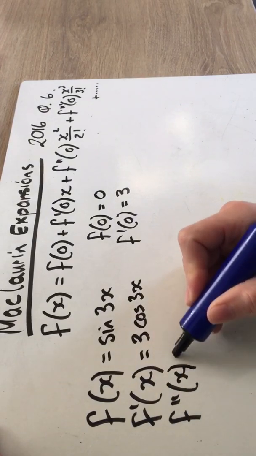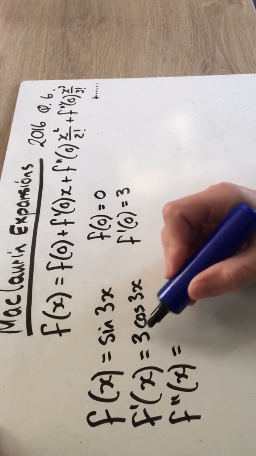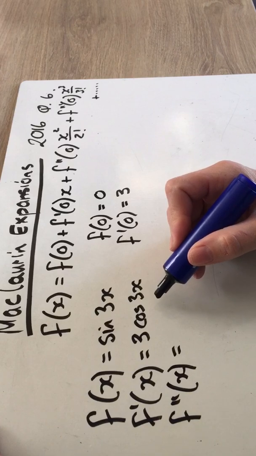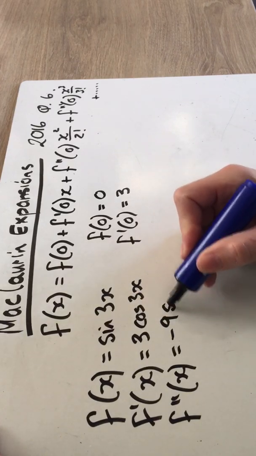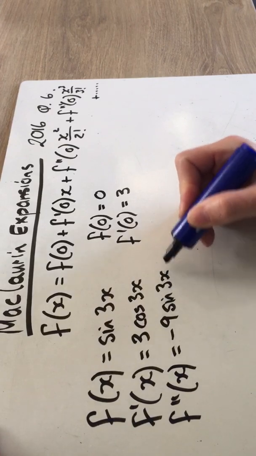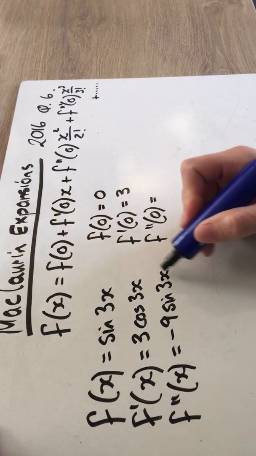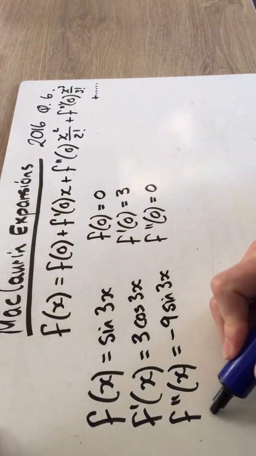F double dash of x, so again chain rule, cos something differentiates to minus sine something times the differential of the something, which gives us minus 9 sine 3x. Subbing in 0, sine of 0 is 0, so that's going to be 0.